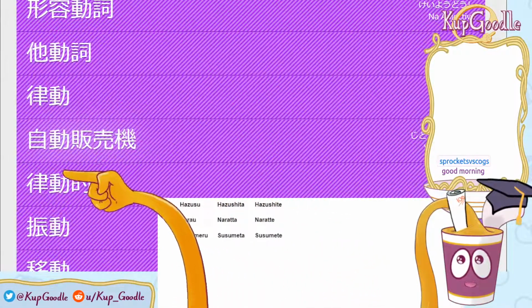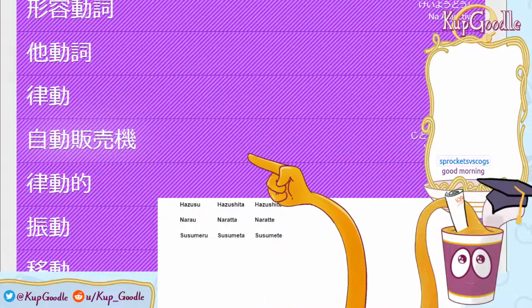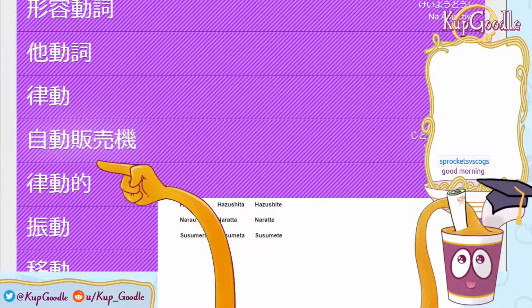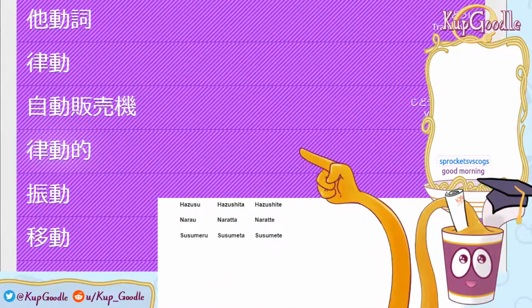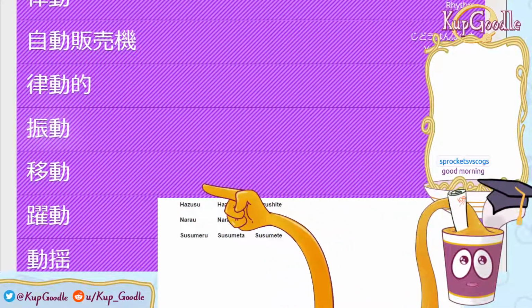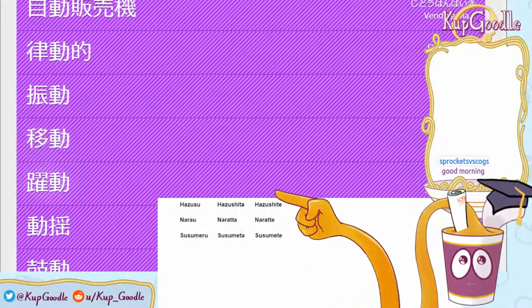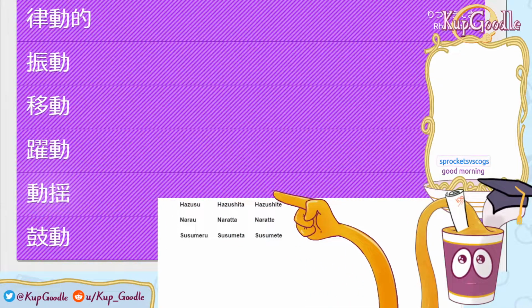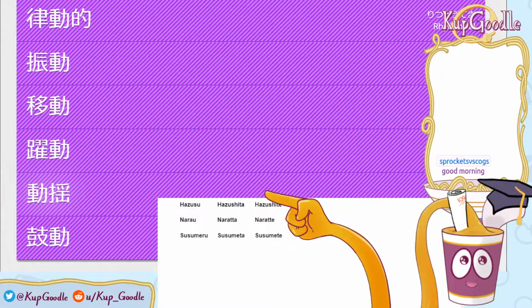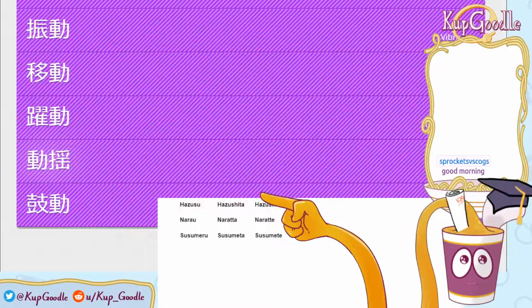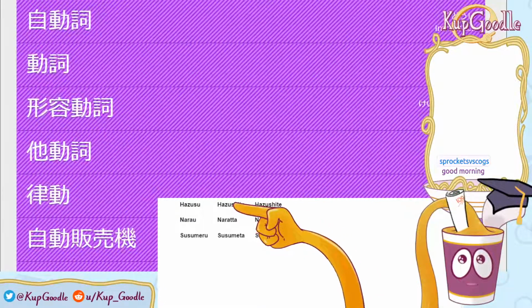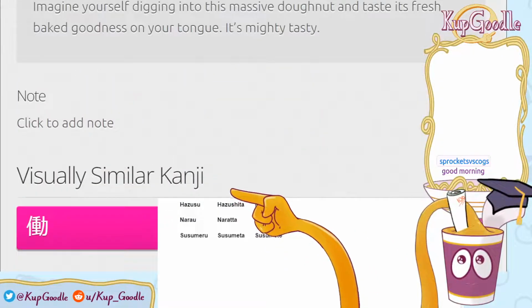Vending machine, jido something, something, baiki. Rhythmical vibration, movement. Ido, live motion, yakudo, shaking, doyo. Beat, kodo. A lot of words with do, with movement.